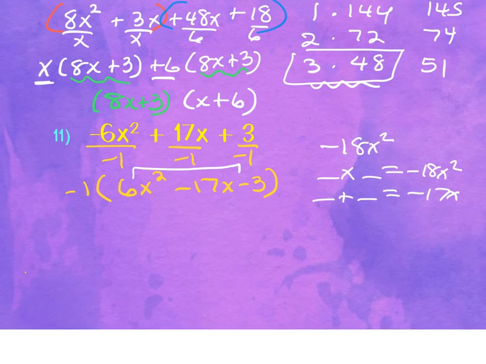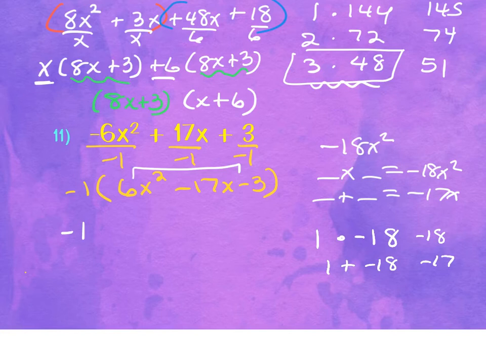So notice how I've been doing this all along. I've been writing the 1 times the number because this is the first time that we're going to use it. Because 1 times -18 gives me -18, and when I add 1 plus -18, I get the -17. So this one is actually the 1 times the number.